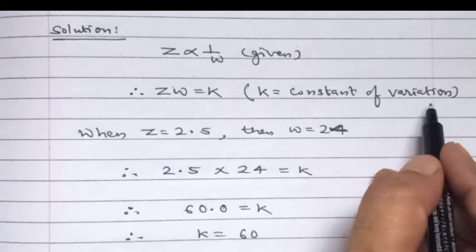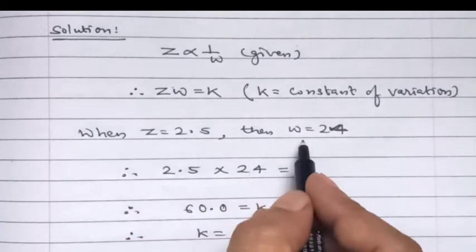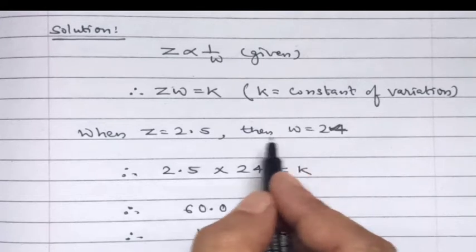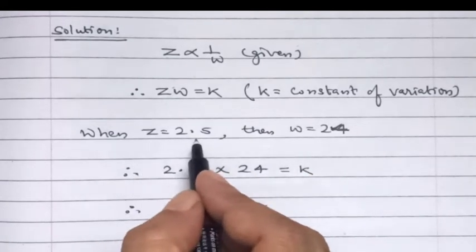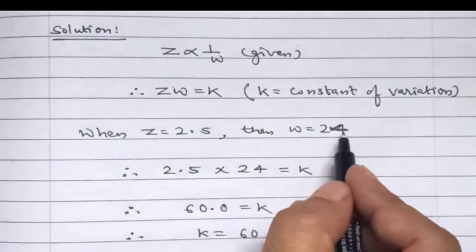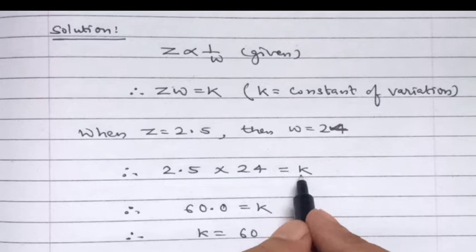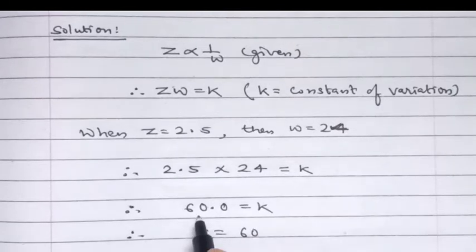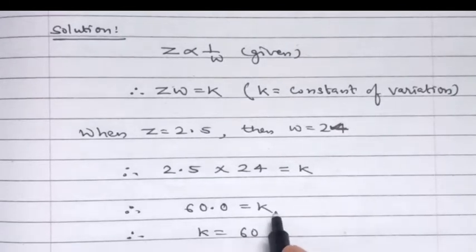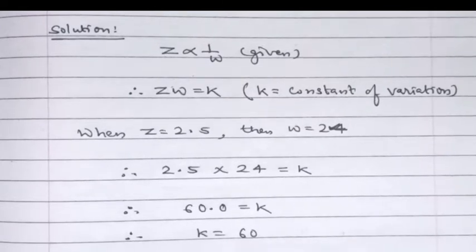It is non-zero. Put the values of Z and W to get K. So when Z is 2.5, then W is equal to 24. So the product of 2.5 into 24 is equal to K. Therefore 60.0 is equal to K. Therefore K is equal to 60.